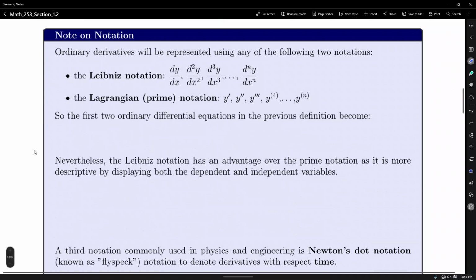Back when you first learned to differentiate functions, you were first introduced to the Leibniz notation, dy dx. The reason we learned that notation first is that dy dx is really the infinitesimal change of the dependent variable y with respect to the independent variable x.